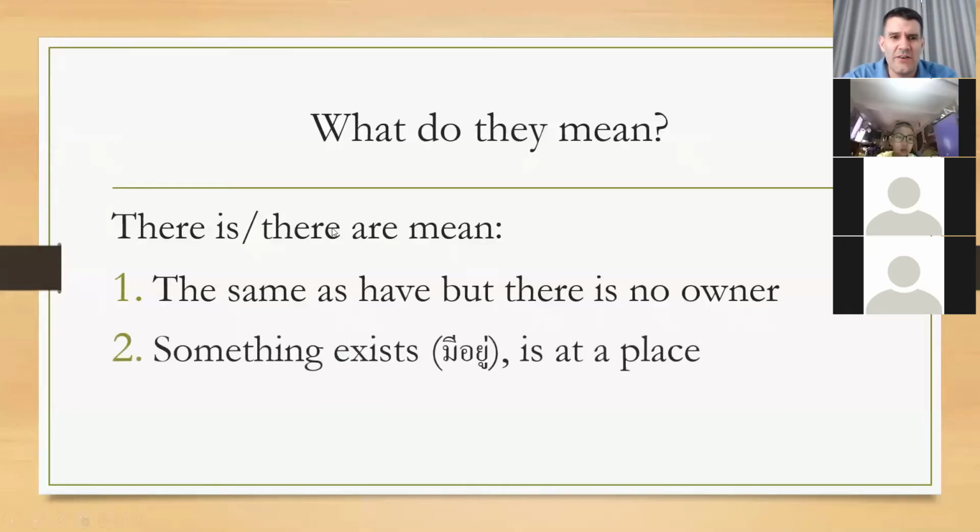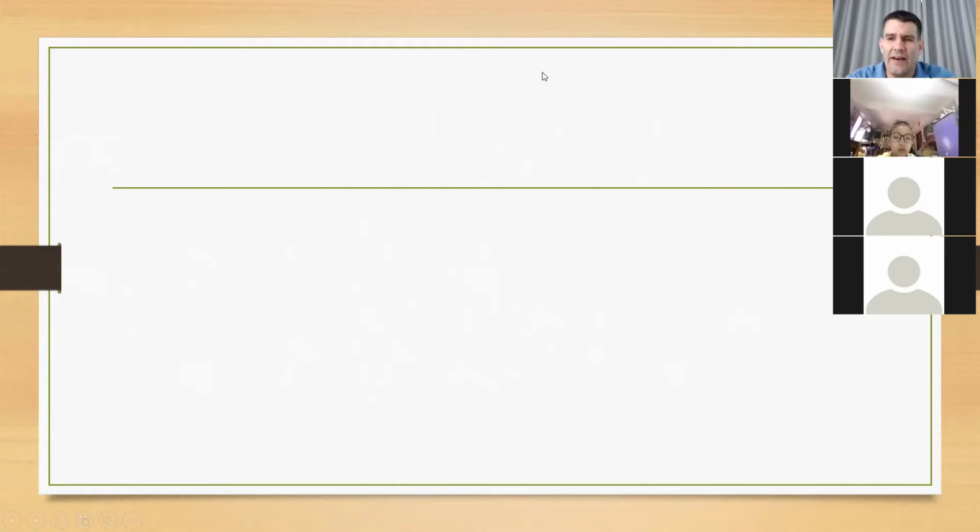But how I would explain it more is that something exists. Exist แปลว่ามีอยู่. So it is at a place. This is how I will describe it, but I have heard it described in Thai as the same as have. So I will show you first how it's similar to have or has.